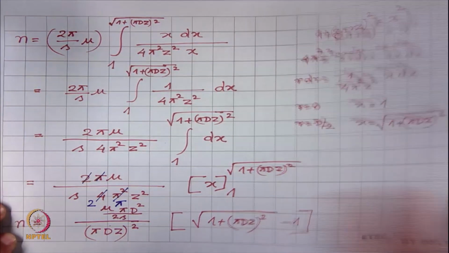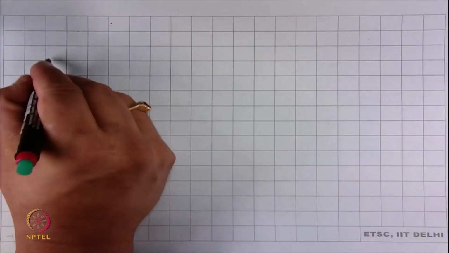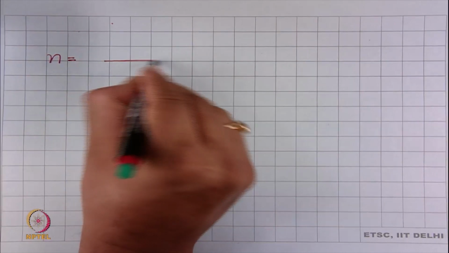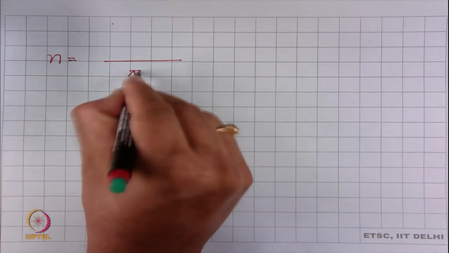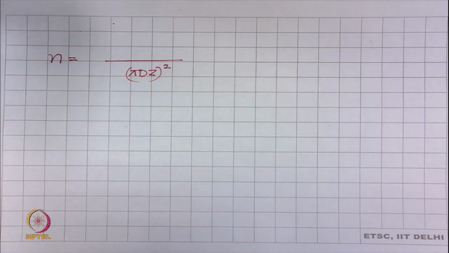Now, n is equal to this. In the numerator, what we will do?